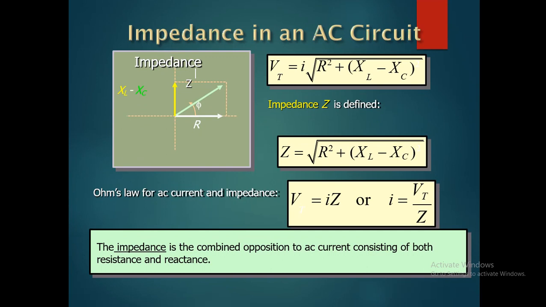As we saw in the last slide, this is the impedance, and we have one impedance triangle also. It's a right angle triangle, one angle is 90 degrees, and the other angle is phi. We call that the impedance angle. The impedance is the combined opposition to AC current consisting of both resistance and reactance.